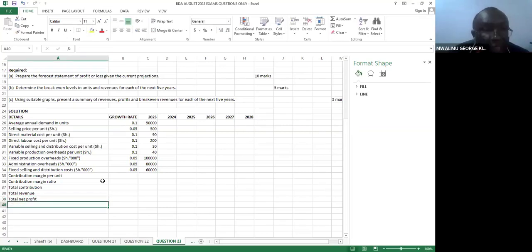Then the examiner here is asking us to get the break-even levels in units. So break-even point in units. Break-even point in units.